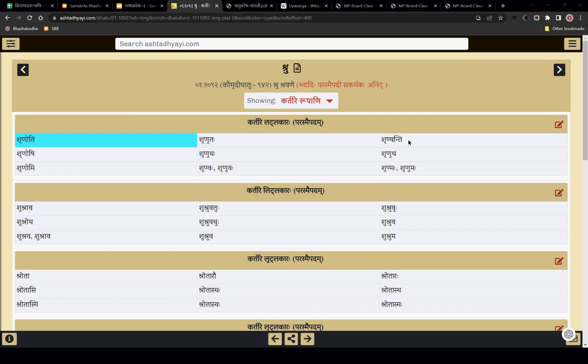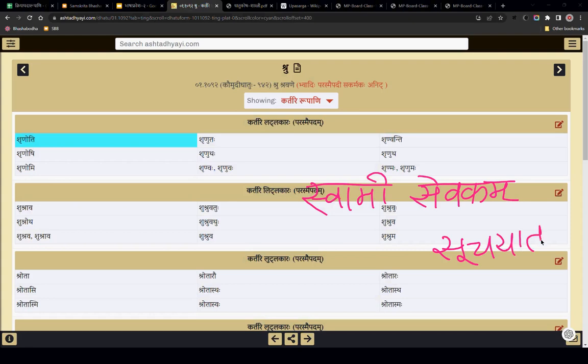Next one, we have Masharda. Swami Sevakam Suchayati. Swami, can you say the second word, please? Let me write it here. Swami, Sevakam, Suchayati. Okay. So it's going to be Swamina. Yes, very good. Swamina.